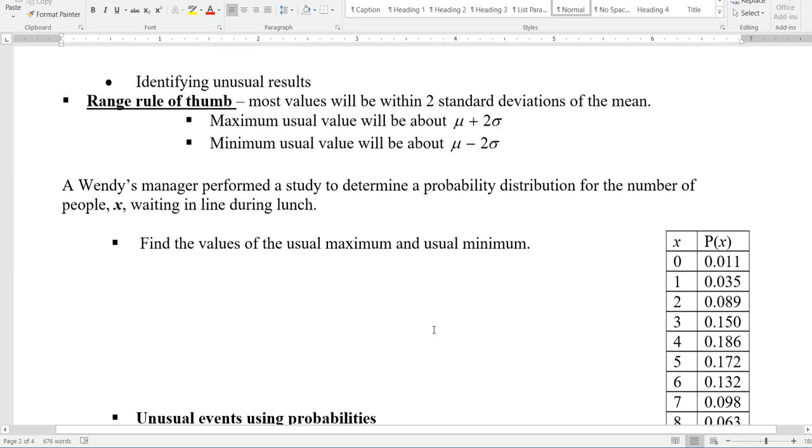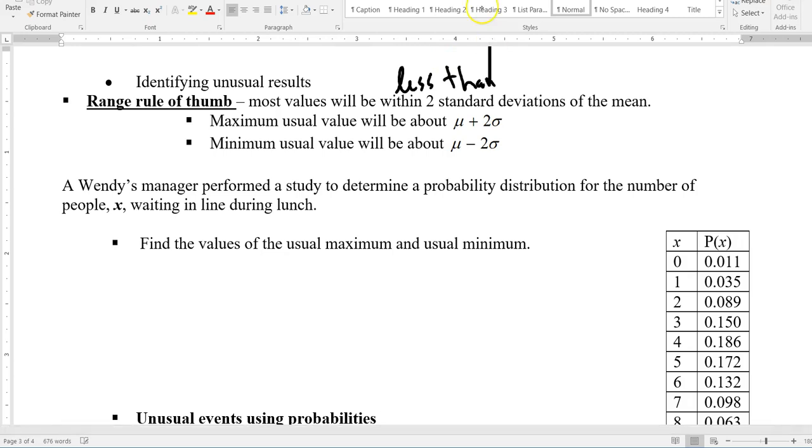Identifying unusual results. This is not a new definition. We say unusual. We've had, what was it, less than 5%. And how do we get that?